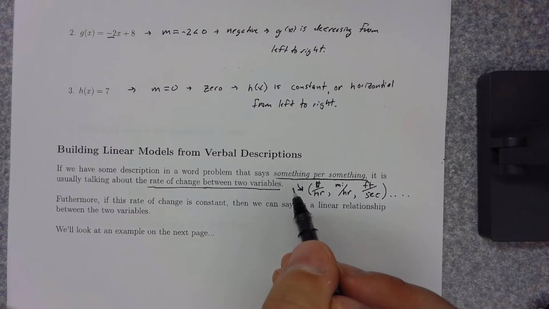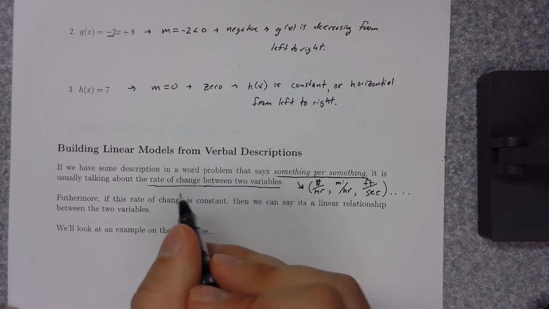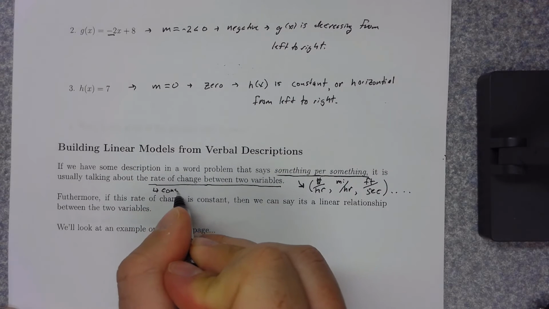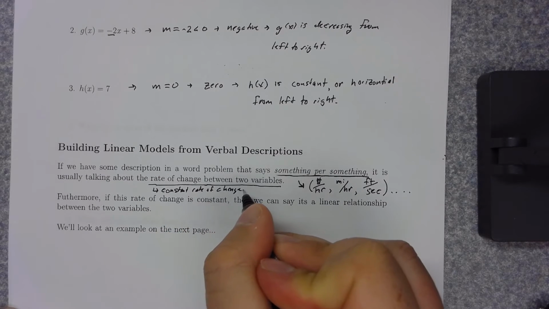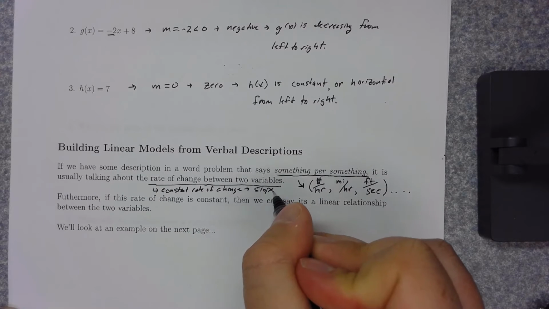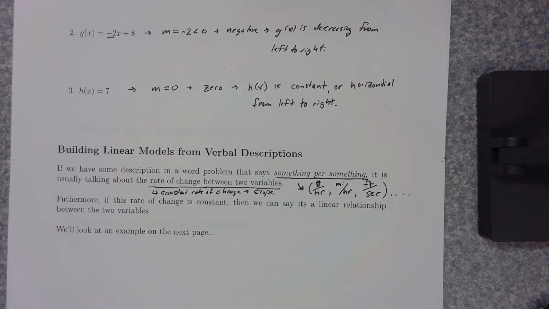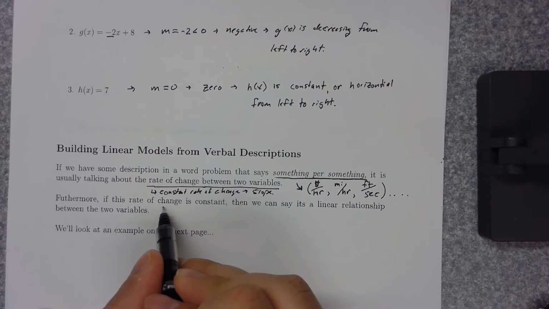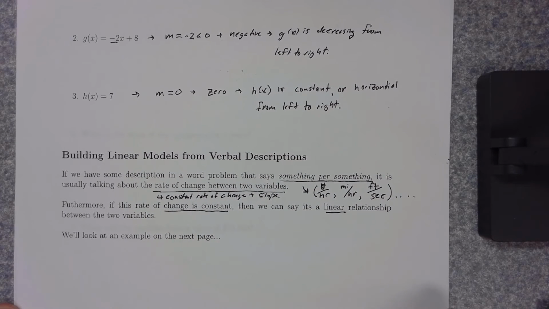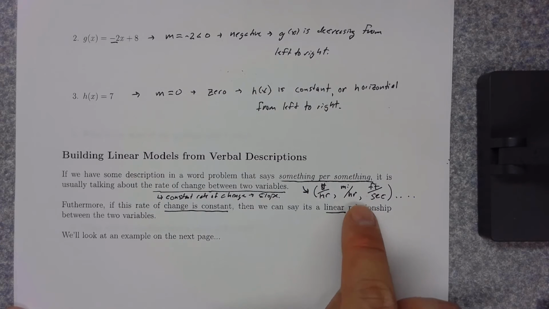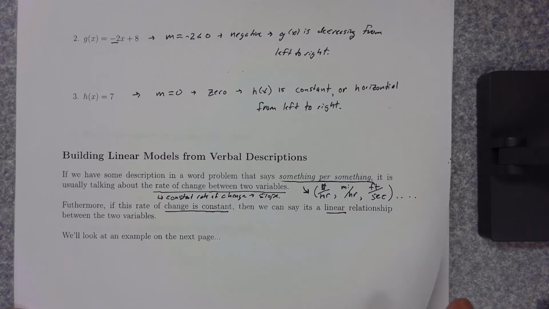In other words, it's probably dealing with a constant rate of change, which means it's dealing with slope. And if it has a constant rate of change, then it's linear. So if in a word problem you see something like dollars per hour, miles per hour, then it's probably talking about a rate of change.